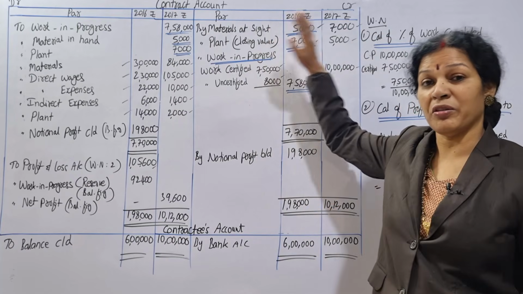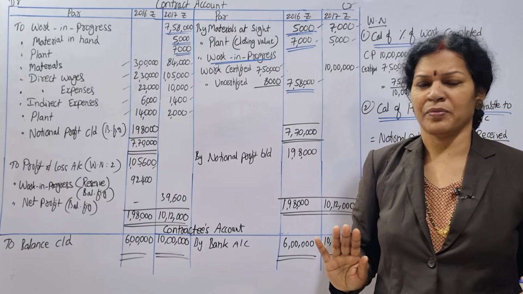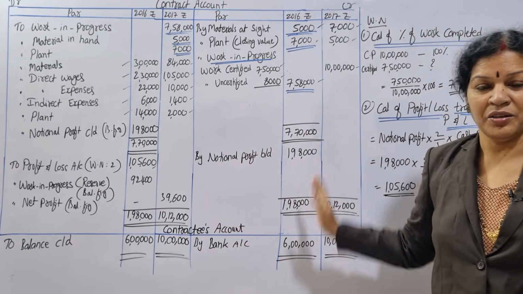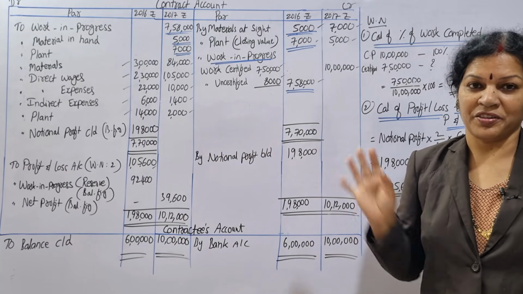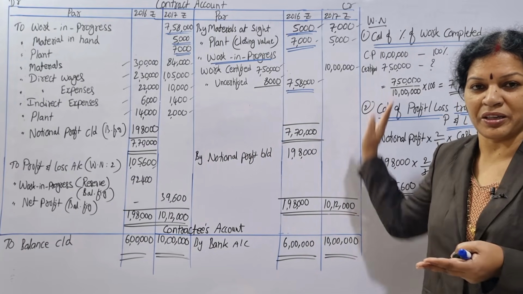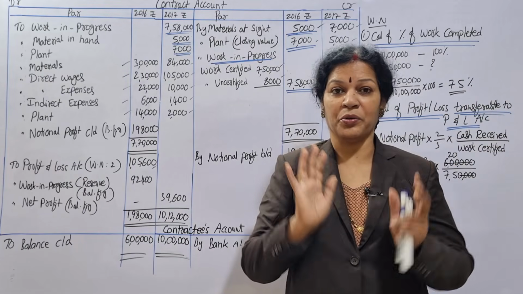If they ask 2018 also, in the same fashion, you will write all the amounts just like here, and credit side minus debit side, you will get simple net profit. No notional profit, no calculation of working notes. Am I clear? This is the only point you have to understand.